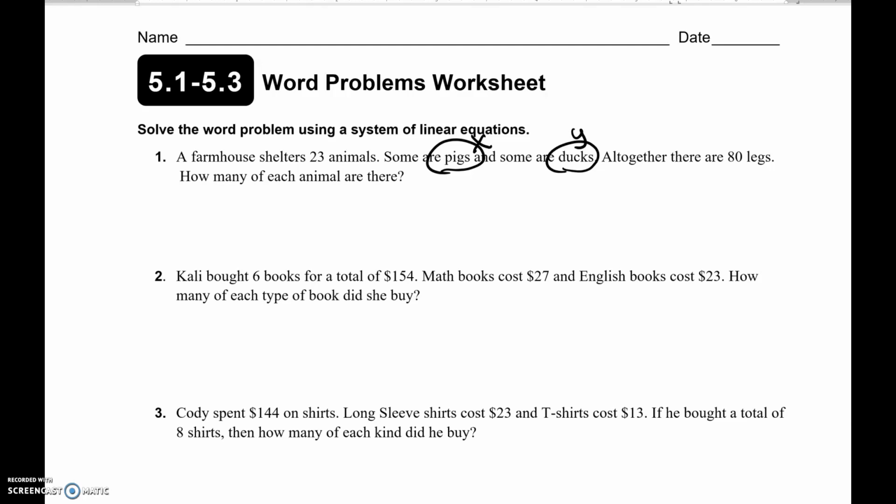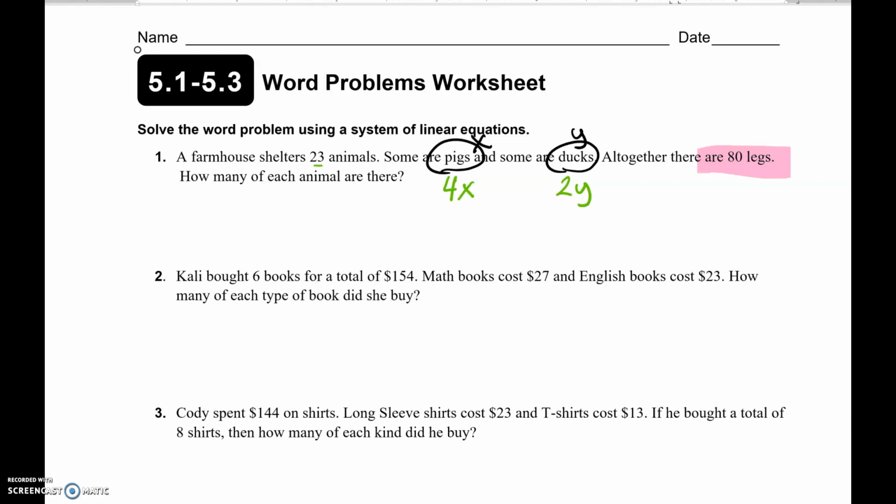Okay. Then the other thing that it talks about is how many legs we have. Well, think about it. How many legs does a pig have? So a pig is going to have 4 legs. So 4 legs for every pig, and a duck has 2 legs, so 2 legs for every duck.